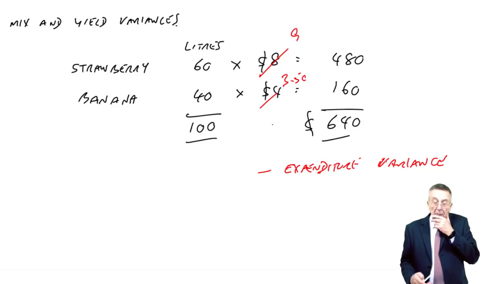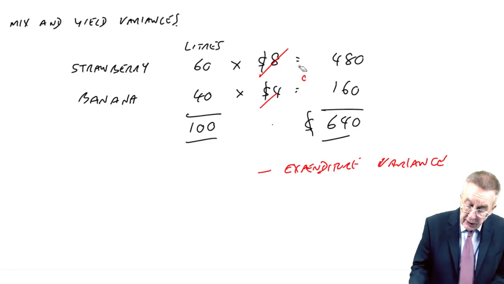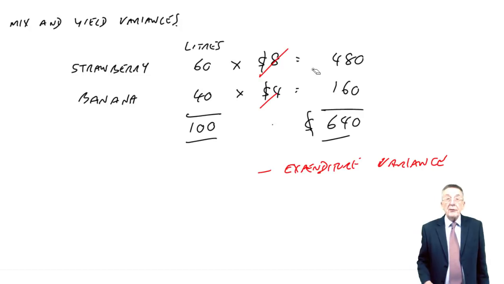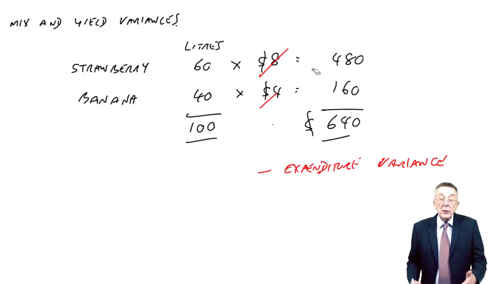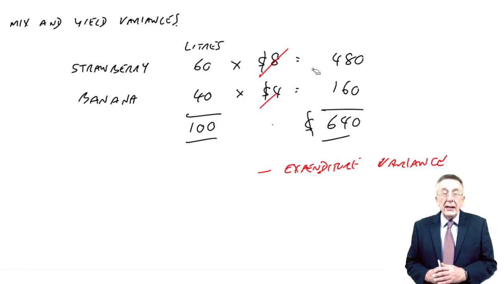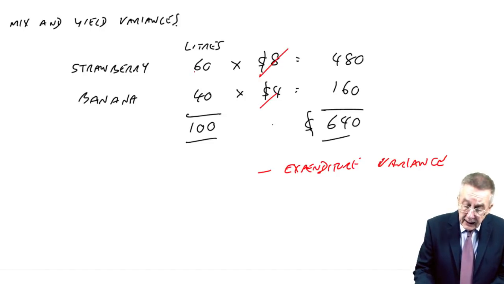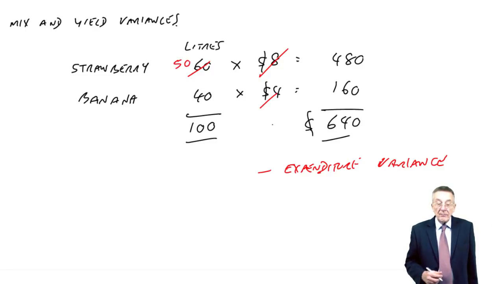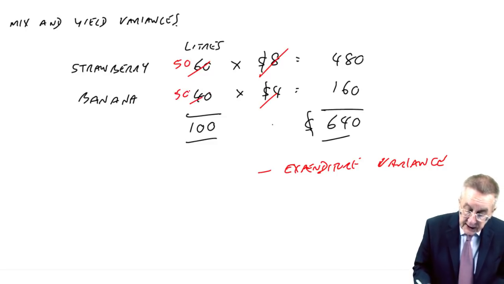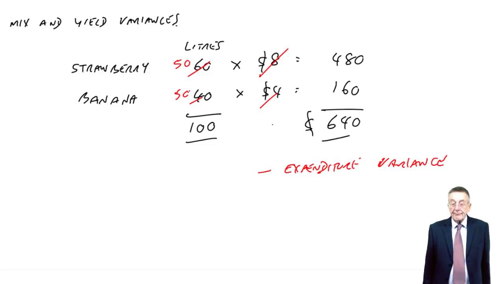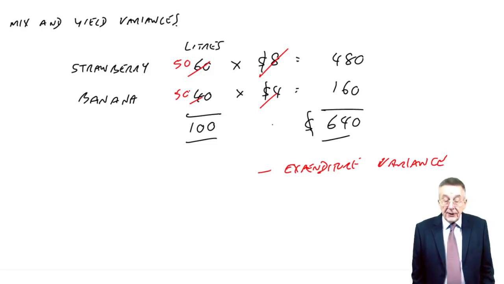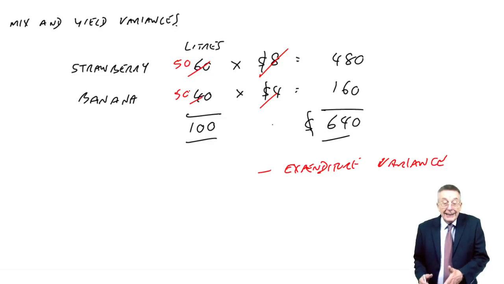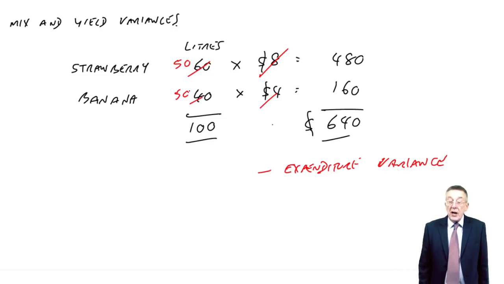What else could have gone wrong though? Even if we were paying the correct prices, even if we did pay 8 and 4, we might decide, or it might be forced on us, that we end up mixing it slightly differently. Maybe we ended up only using 50 litres of strawberry. But of course, if we use 50 litres of strawberry, we have to use 50 litres of banana. And for whatever reason, if that's what we end up doing, then of course the total cost will change.